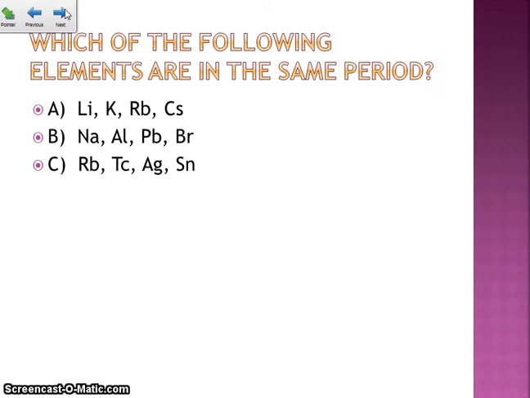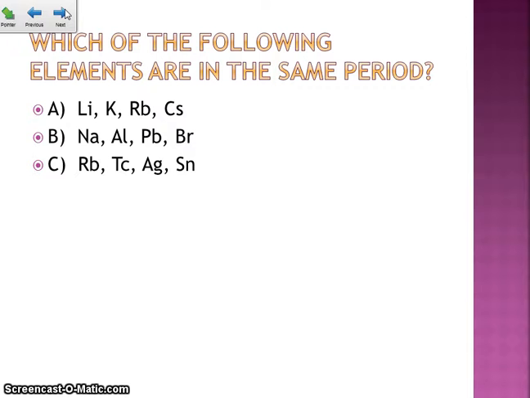So looking at your chart, which of these 3 lists elements that are in the same period? Would it be lithium, potassium, rubidium, and cesium? No, those ones are in the same vertical column, which is not a period. We have sodium, aluminum, and lead and bromine.